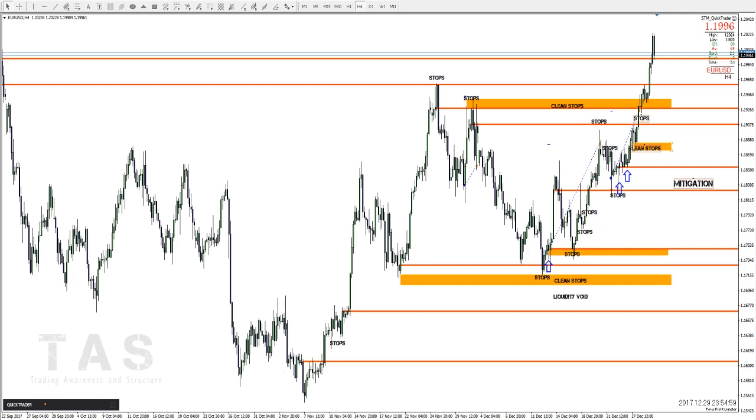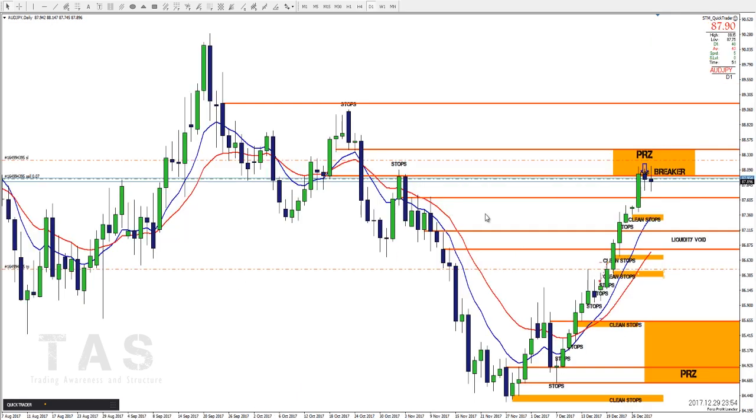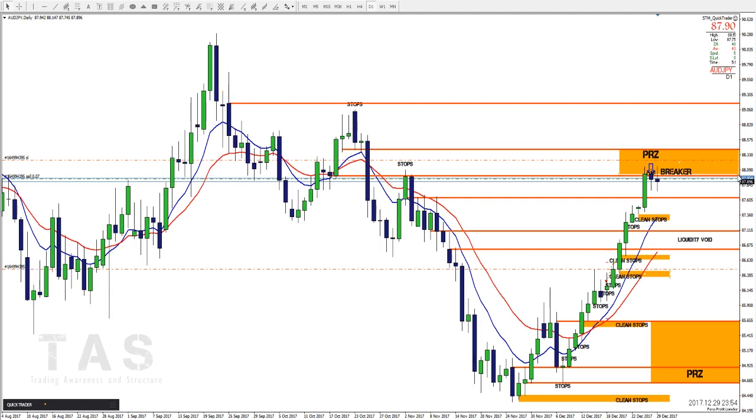But the ones I wanted to show were some that I entered, and this is always with the idea of where price is going, and once it gets there, then we look for optimal trade entries, we look for power of 3 or whatever.